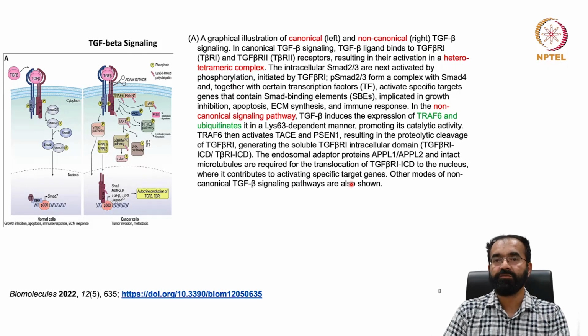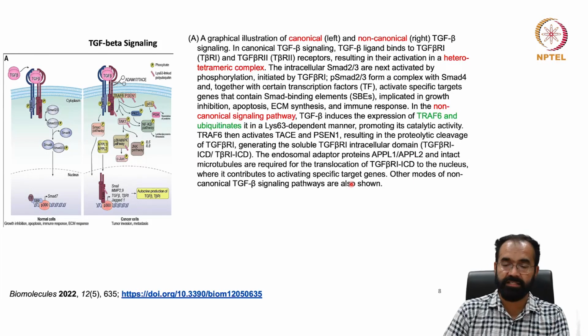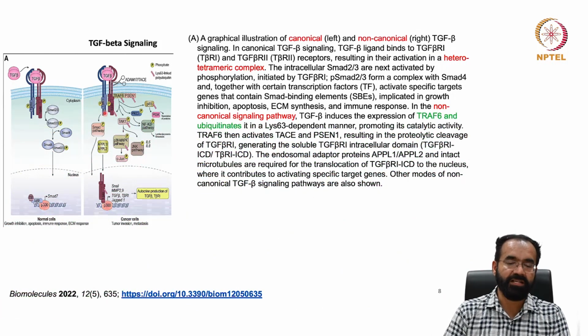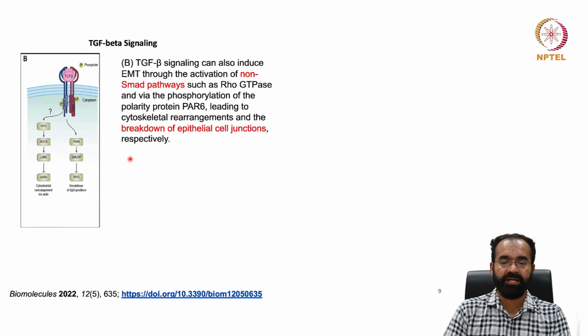Whereas SMAD is not involved here, TGF-beta-R1 is directly involved, and other modes of non-canonical TGF-beta signaling pathways are also being discussed and described. So that is what you are seeing here. In A, on the left side, you are seeing the canonical, whereas on the right side you are seeing the non-canonical TGF-beta signaling.